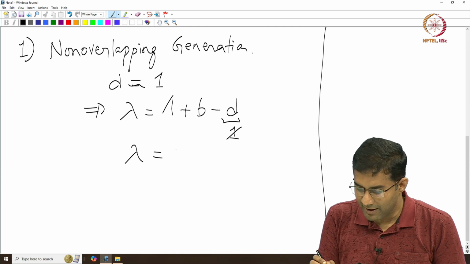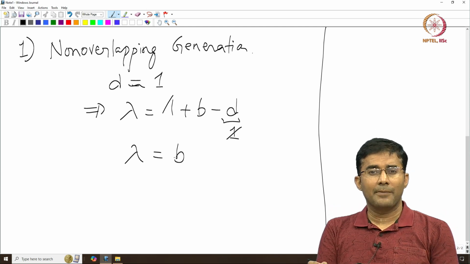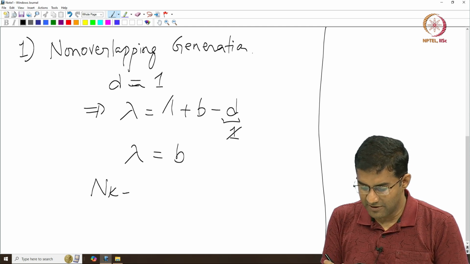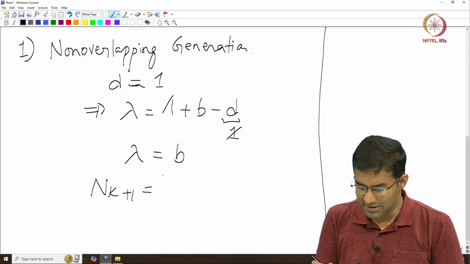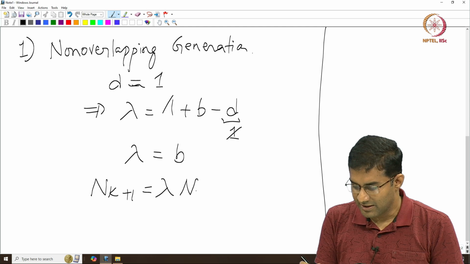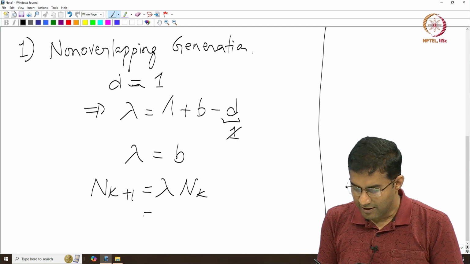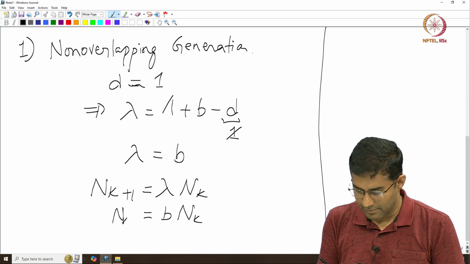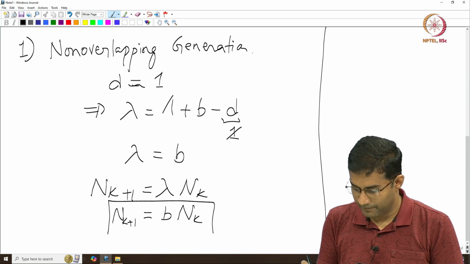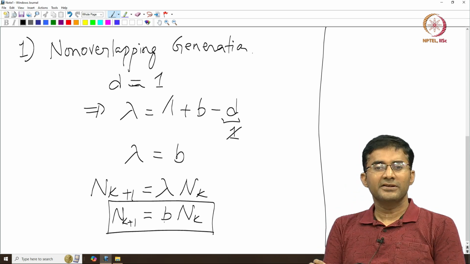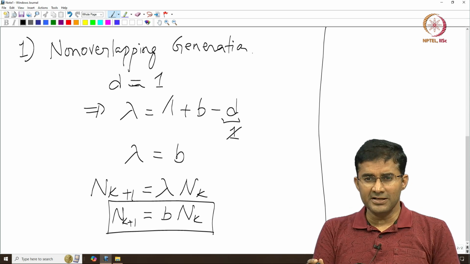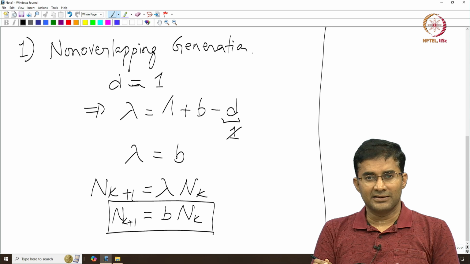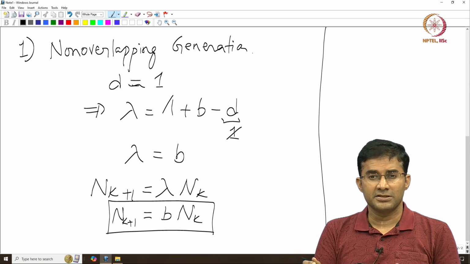So, the lambda is basically nothing but the per capita birth rate in this case, and therefore, the expression for how the population changes over generations is given by lambda Nk, which reduces to b Nk. Okay. So, in this specific case of non-overlapping generations, the number of offspring per individual basically determines how the population is changing over time.